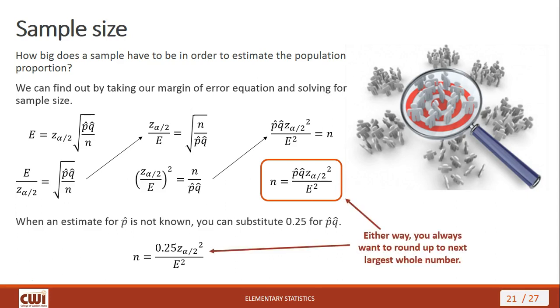No matter which of these equations you use, when you get done with your calculation, you want to round up to the next largest whole number. What we're looking for is a discrete value because we're having to count individual items. And so a partial item doesn't do us any good. So you want to round up to the next largest whole number.